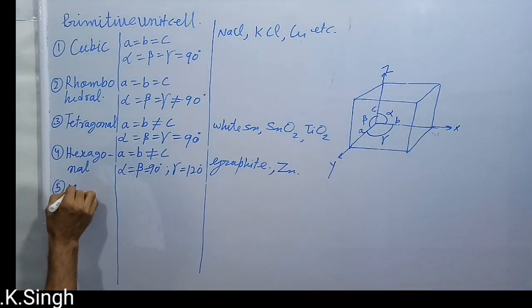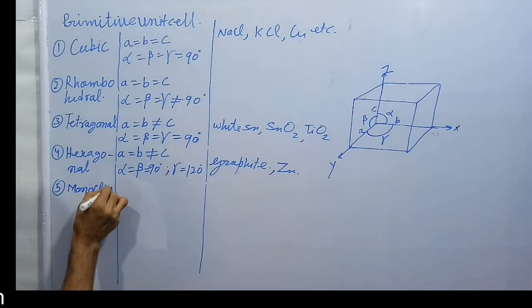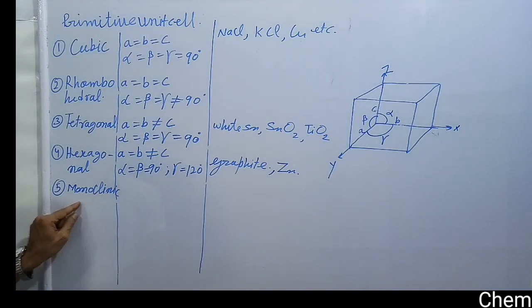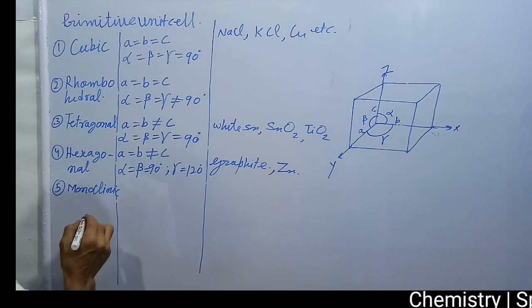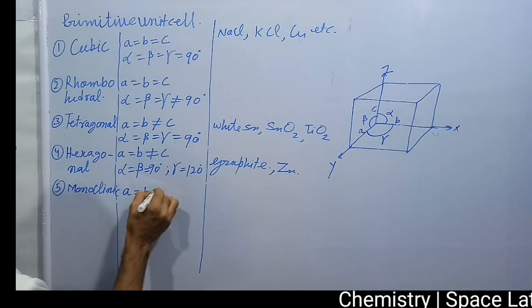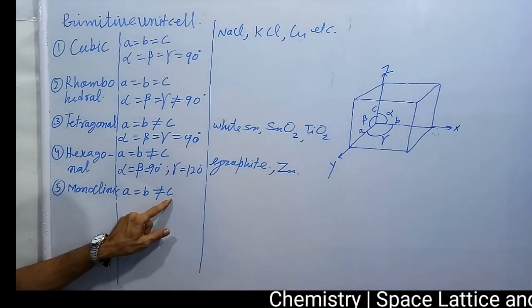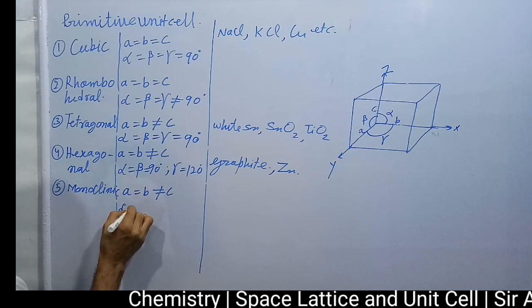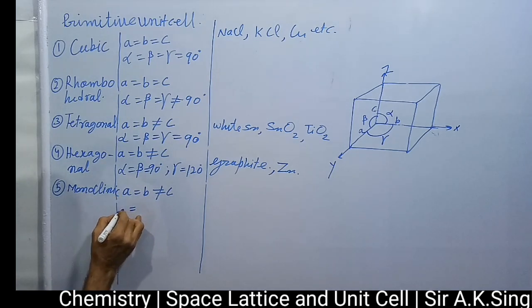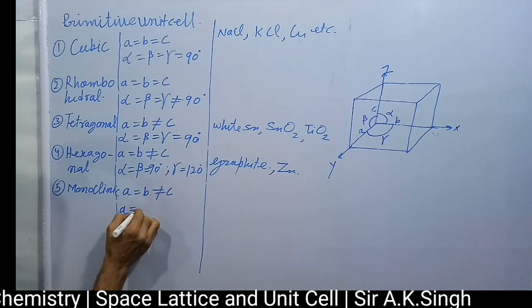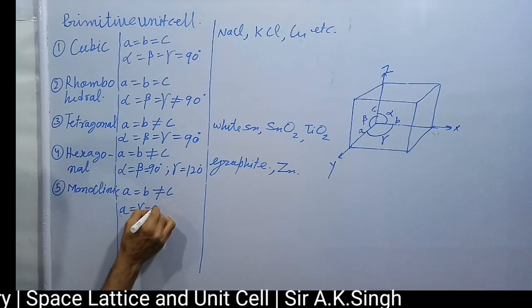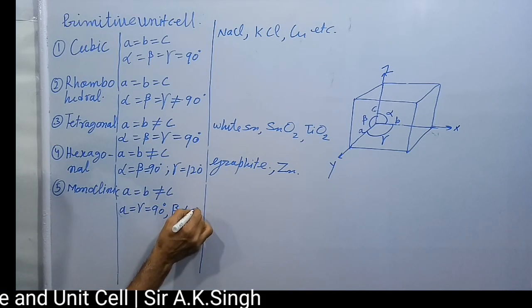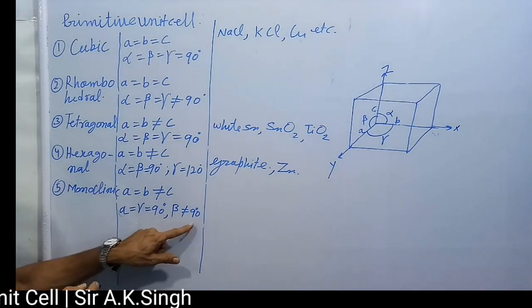Next, monoclinic primitive unit cell. This is the needle-shaped one. Here a is not equal to c, alpha equals gamma equals 90 degrees, and beta is not equal to 90 degrees.